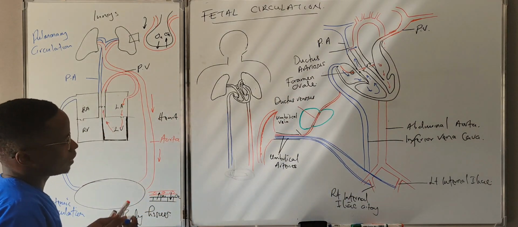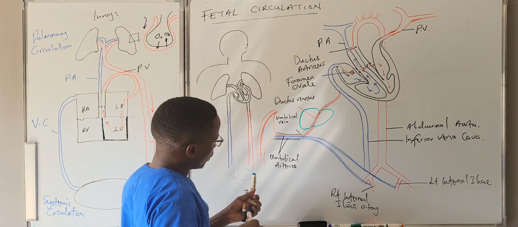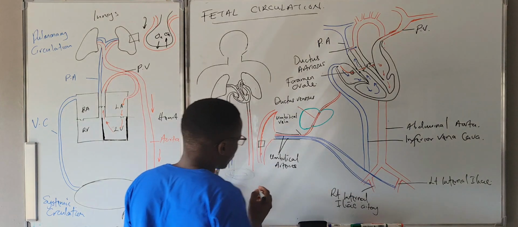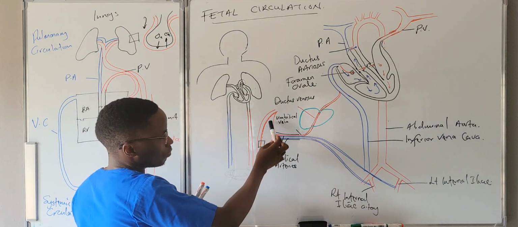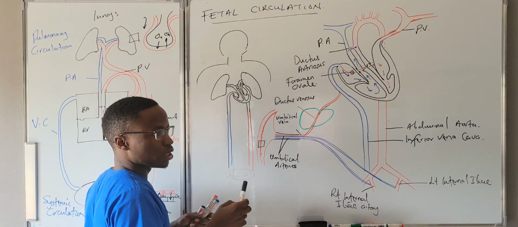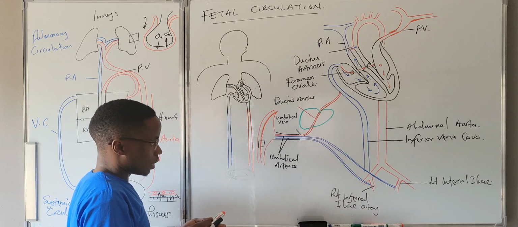All right. Now, at this point here, what is happening is we have capillaries within the placenta and we have capillaries within the wall of the uterus, rather from the maternal circulation.